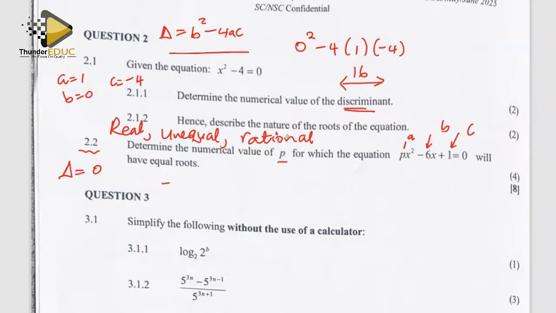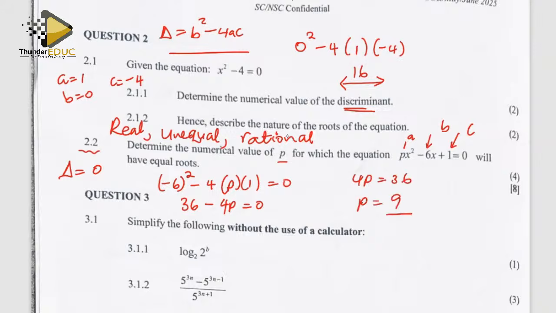So that's going to be negative 6 squared minus 4 times P times 1 equated to 0. So this is going to be 36 minus 4P is equal to 0. We can move the 4P to that side. So 4P is 36, meaning that P should be 9. Okay, so that is what we are getting.